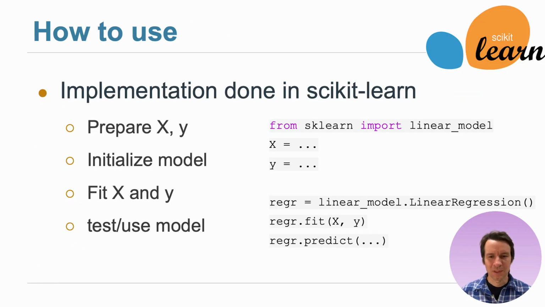So this is a possible implementation of how to do linear regression. You have to prepare x, you have to prepare y. So I have x as a two-dimensional array, y as a long vector.